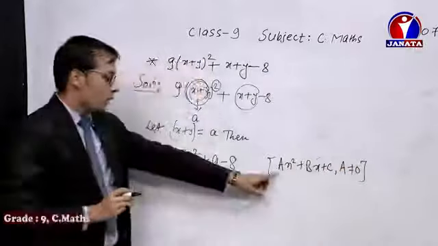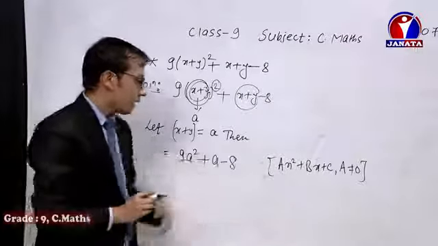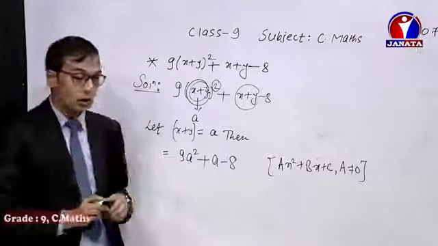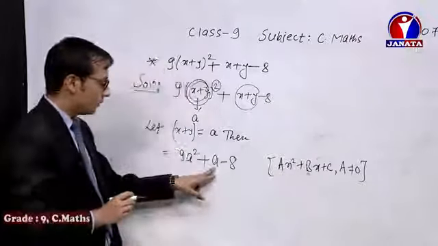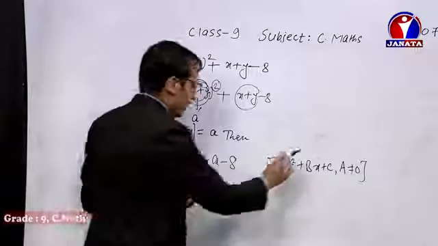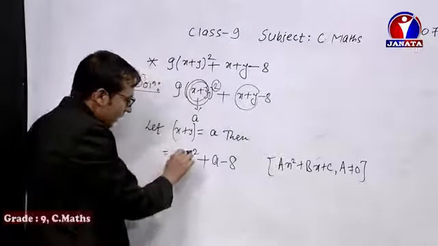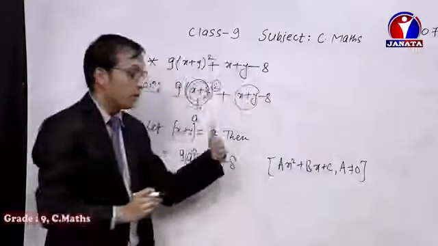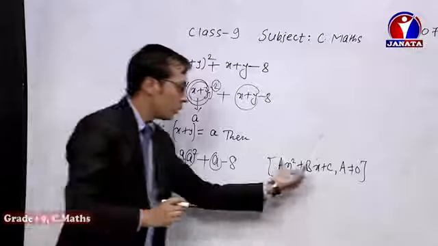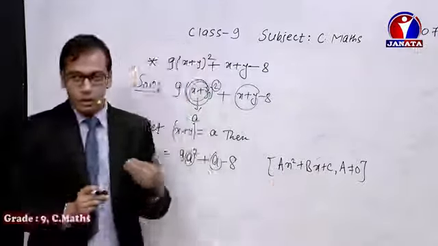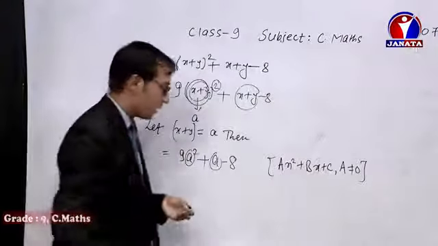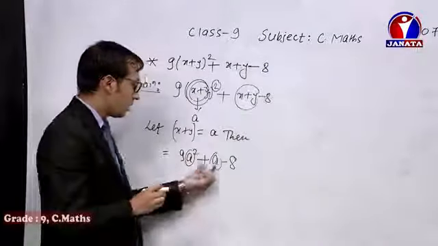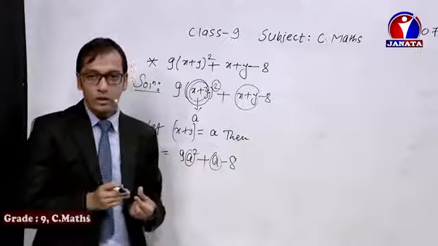What is a? A is the coefficient of the variable, here 9. B is the coefficient of a. Here the expression is in terms of a, so we can write a small a square plus b small a plus c, which is one of the standard forms of a quadratic expression. In such a case, we split the middle term and factorize this.